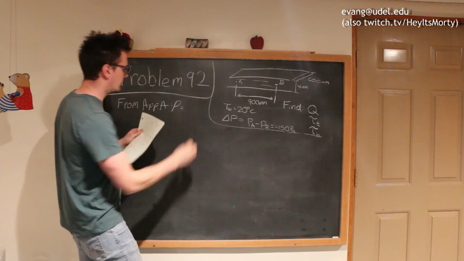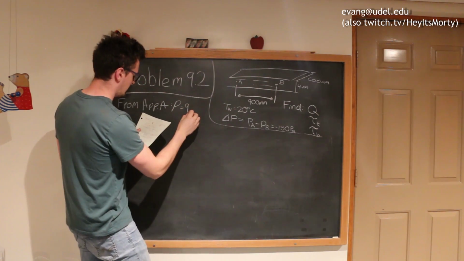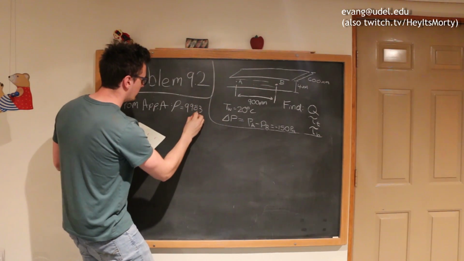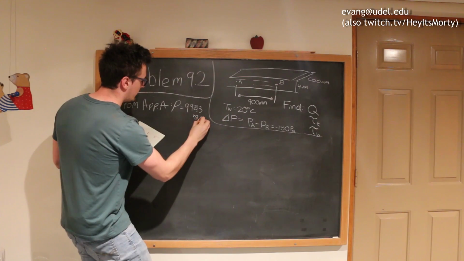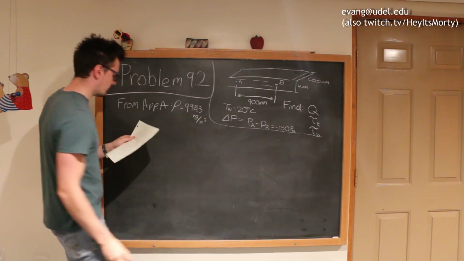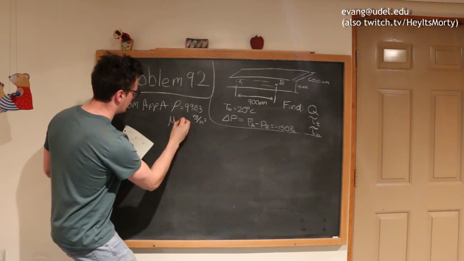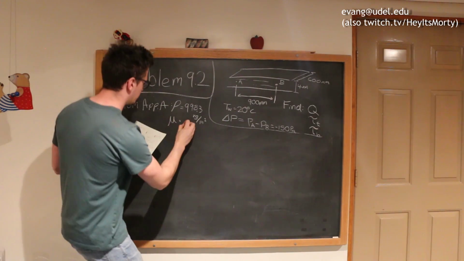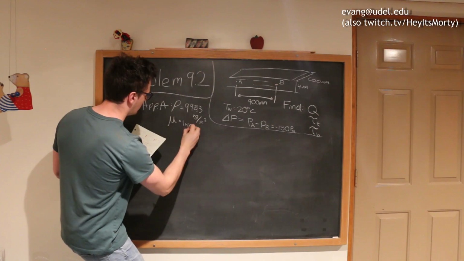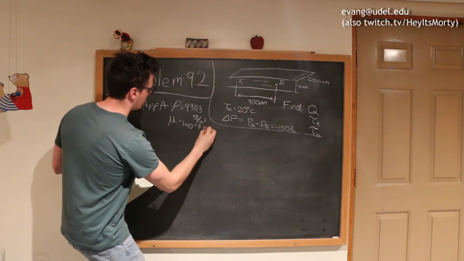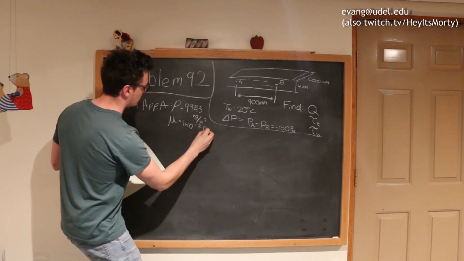Density is going to be 998.3 kilograms per cubic meter. And the viscosity is equal to 1 times 10 to the negative 3 Pascal seconds.